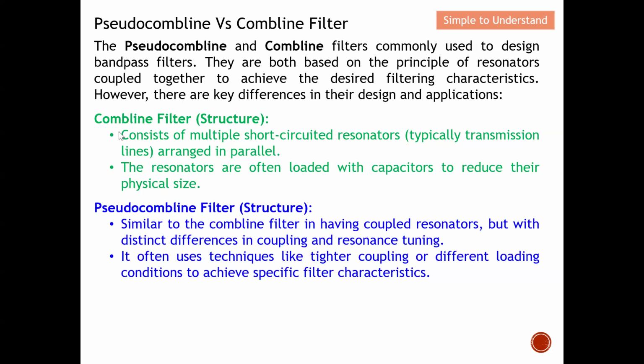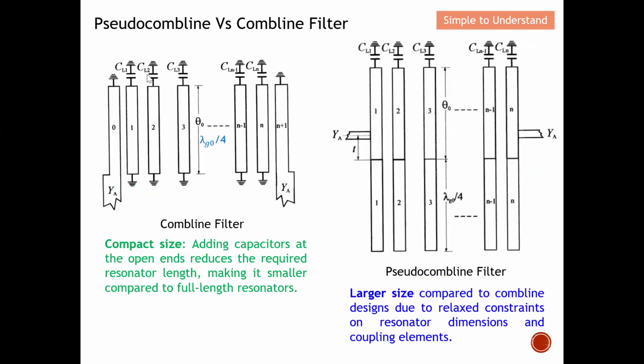In short, for the Combline filter, in terms of structure, they consist of multiple short-circuit resonators, typically transmission lines arranged in parallel. So this is the so-called structure of the Combline filter. You can see that they are parallel resonators.